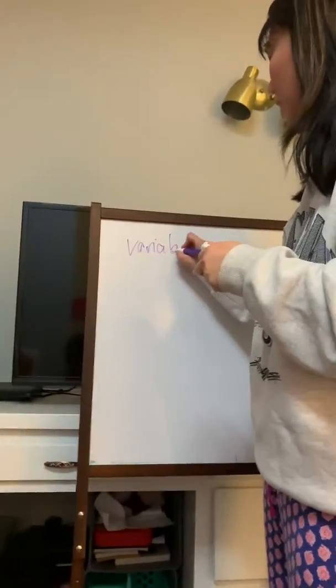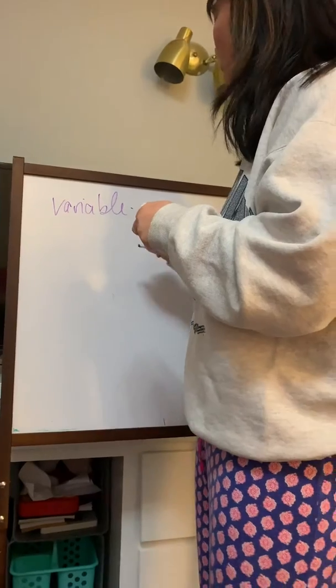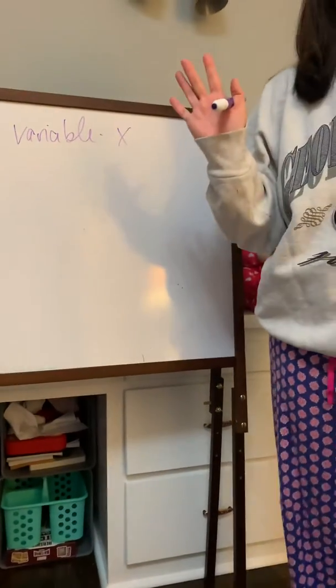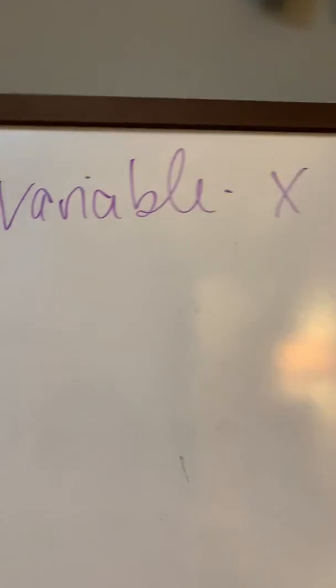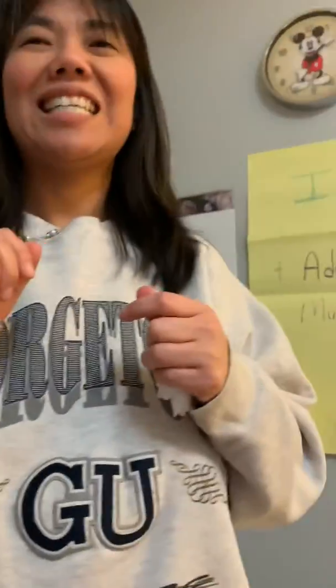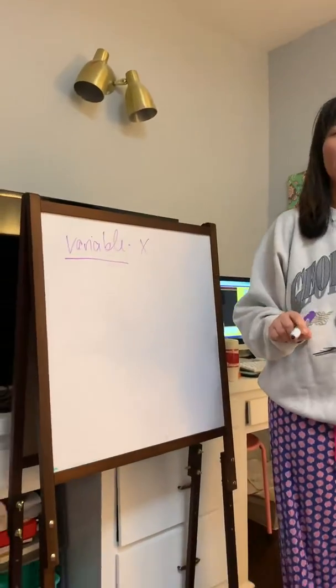All right. What we're going to do is talk a little bit about the magic of algebra. Now, a lot of times you may find that there are lots of different letters. For example, Samantha, how many letters are there in the alphabet? 26. Great. In your notes, we're going to write the word variable.